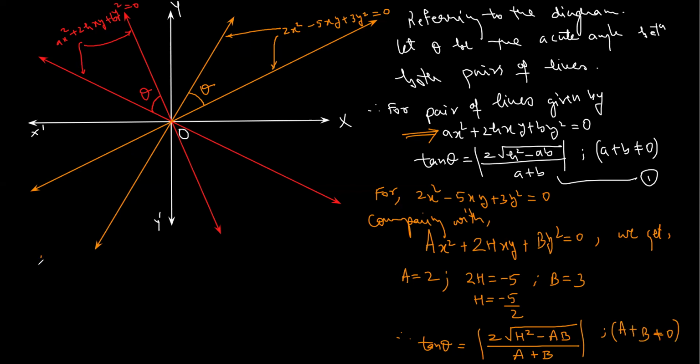So what you will have there for tan of theta is mod of 2 root of H square. What is H? Minus 5 by 2. Minus 5 by 2 square minus AB, 2 into 3, upon A plus B. What is A plus B?